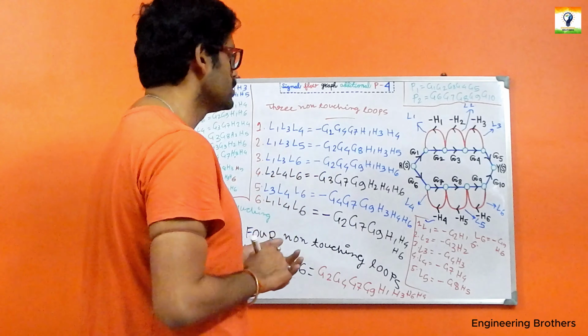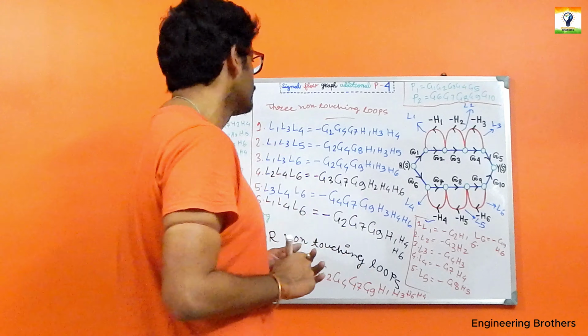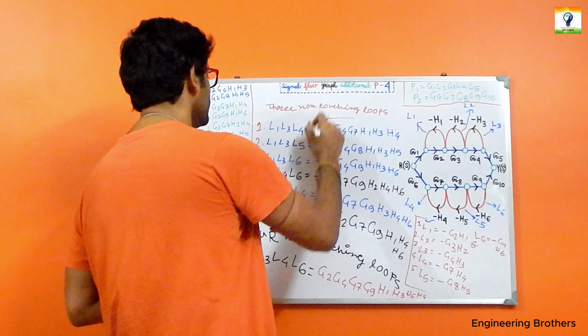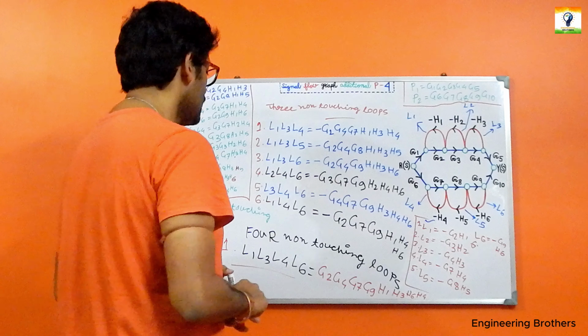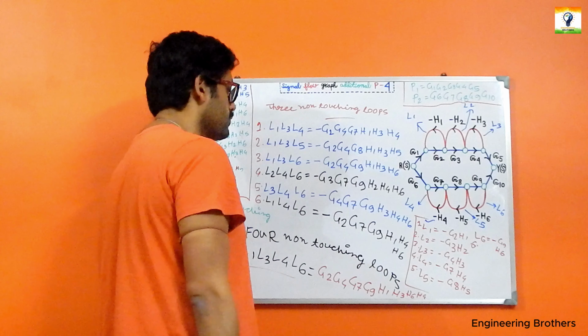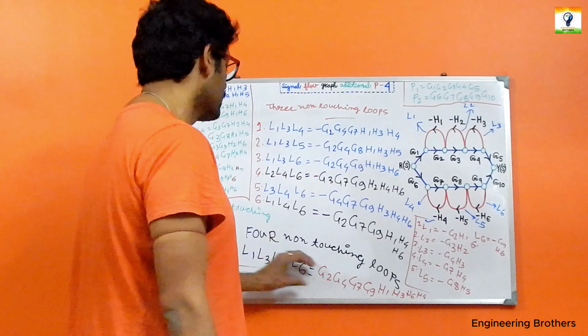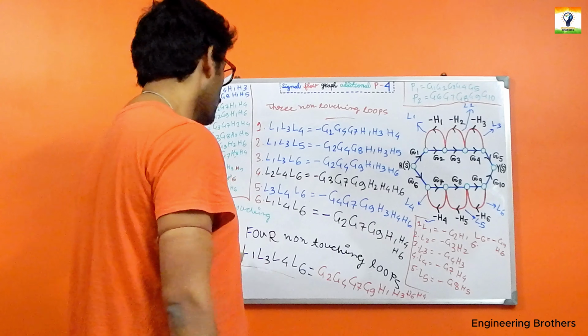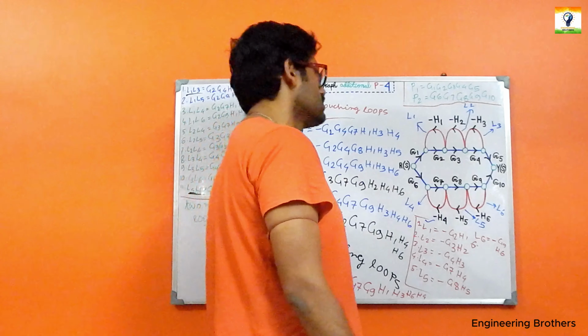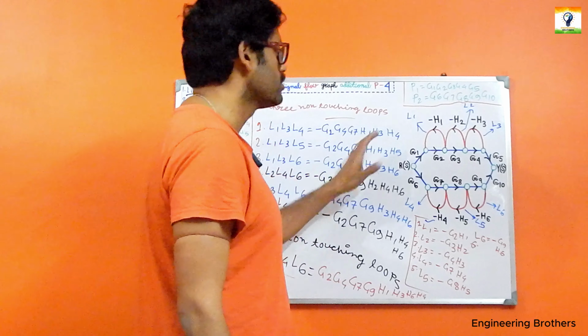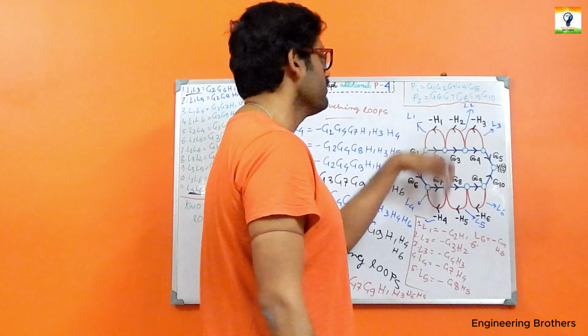In our next stage we should find out our three non-touching loops, and quite naturally we have got our three non-touching loops over here. And at our last stage we have our four non-touching loops, a single one, and it is impossible to have five non-touching loops.